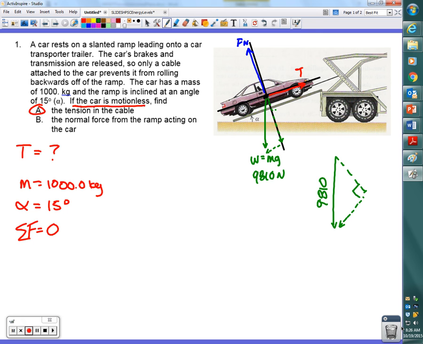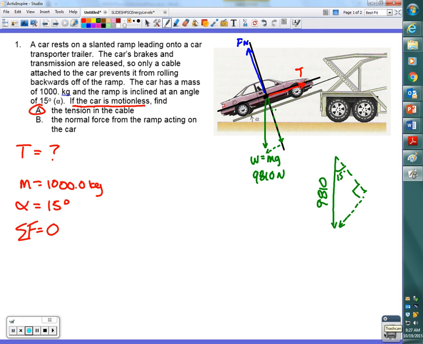Okay? We tilted this XY axis 15 degrees to match the ramp that's in the problem. And that means that the y-axis used to be right along the green arrow, but now it's 15 degrees tilted. So this angle right here is 15 degrees.